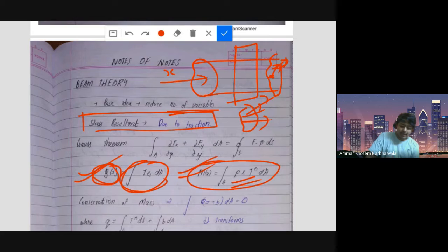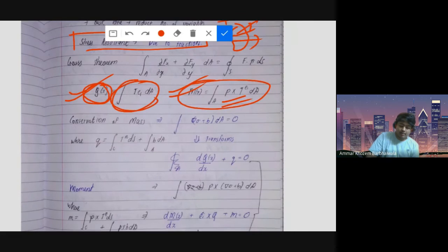The second thing is the conservation of mass. For this case, we do not assume pointwise satisfaction of the conservation of mass. That is, the gradient of sigma plus f is not equal to zero at every point, but it is equal to zero over the entire cross section area which we consider.